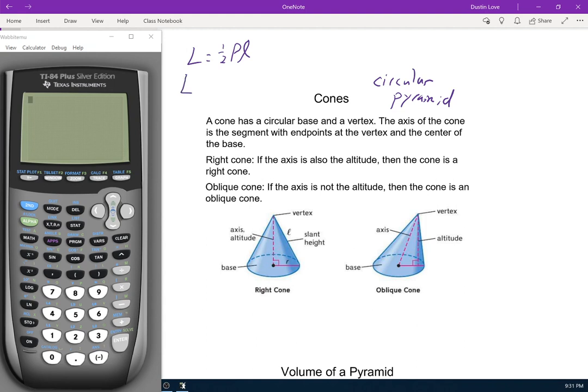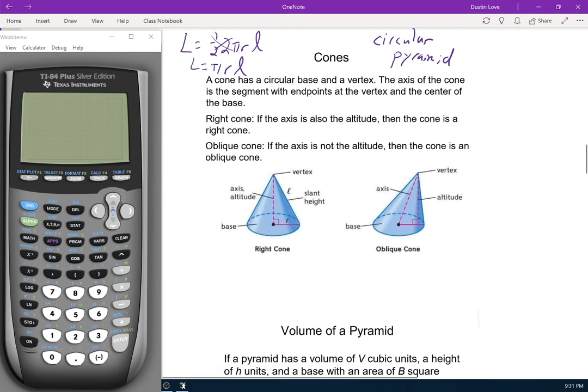For a cone, it's 1/2 P, and for a circle P is the circumference, so that's 2 pi r times L. The 1/2 and the 2 cancel, leaving me with just pi r L. Then when we do the surface area, we get, again, the lateral area pi r L plus pi r squared for the area of the circle on the bottom. So these things work out the exact same way as pyramids. It's just that they have a circular base instead of a polygonal base.